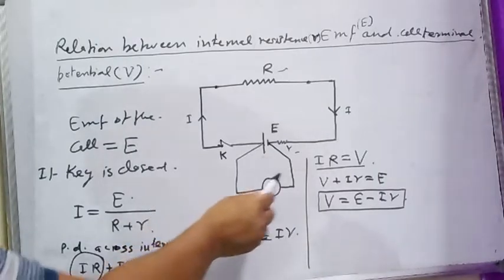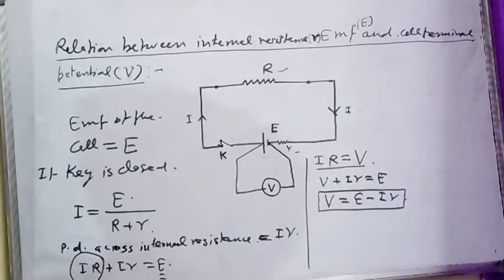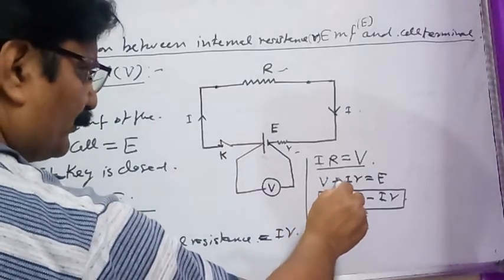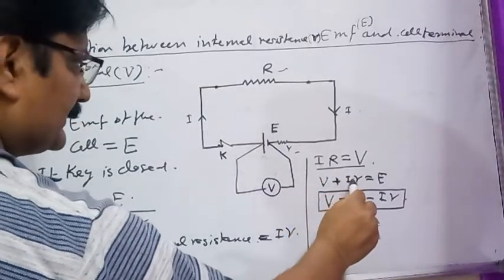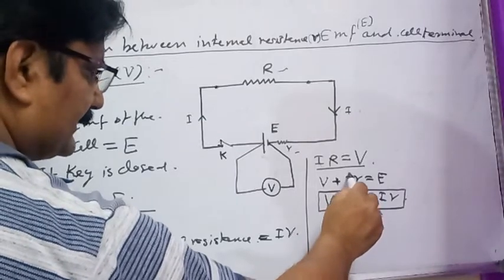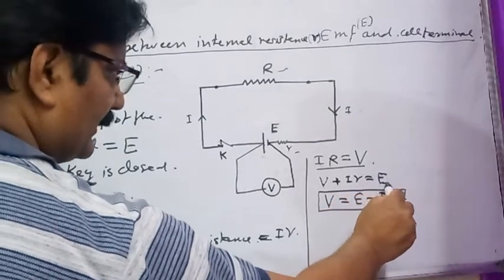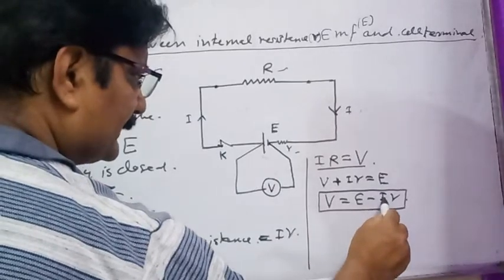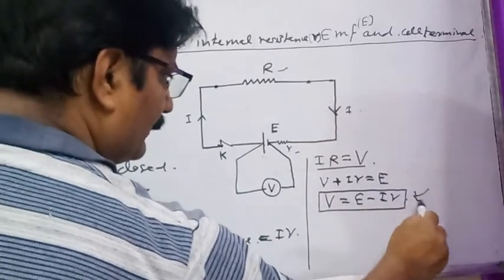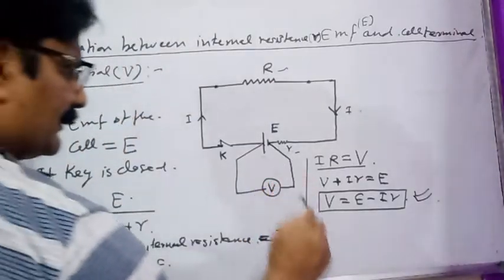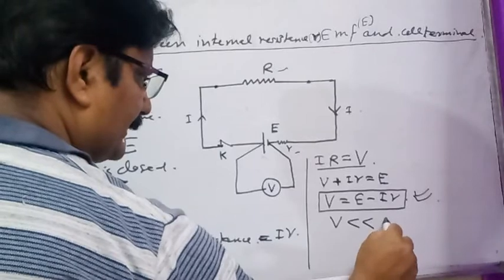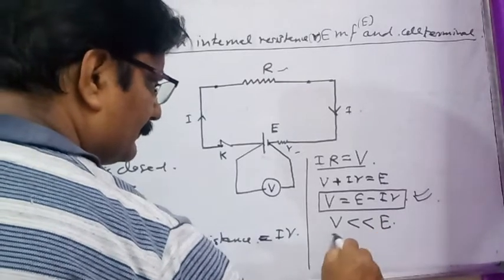So if we put value of I into capital R in this equation, we can write cell terminal potential V plus potential difference across internal resistance of the cell, that is I into small r, is equal to capital E. So cell terminal potential is going to be EMF minus I into r. Here you can see cell terminal potential V is going to be less than the EMF of the cell.